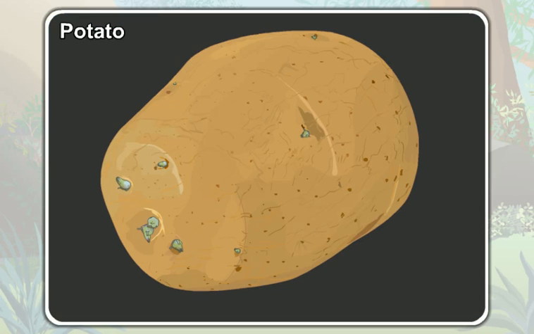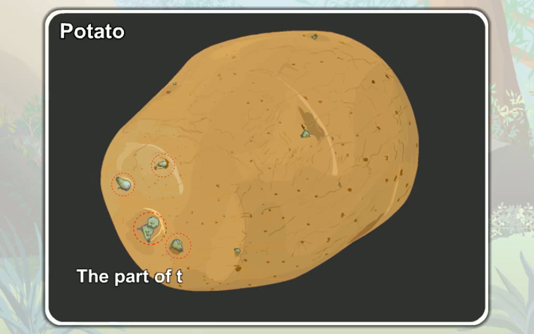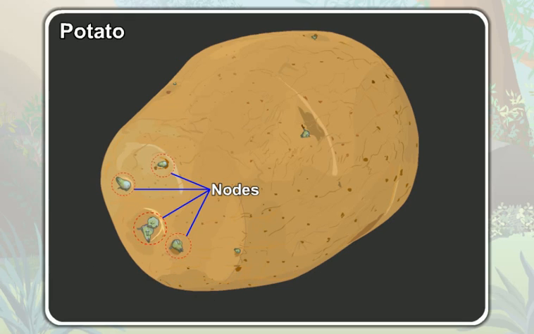Look at this potato carefully. What do you see? You can see different buds growing out from the potato. The part of the stem that bears the buds is called the node. There are many nodes on the potato.